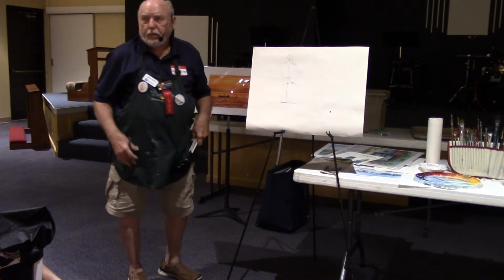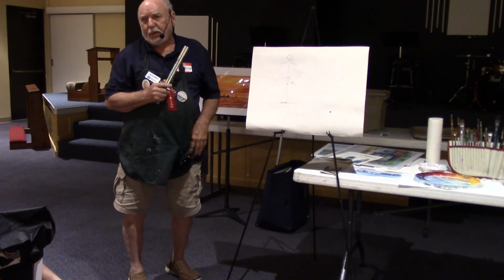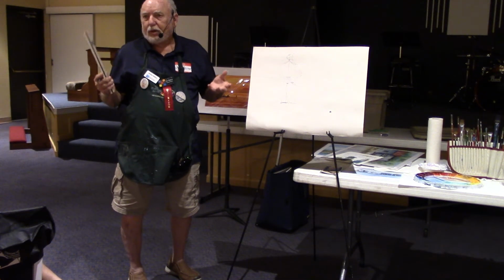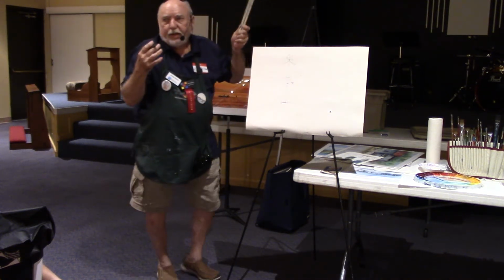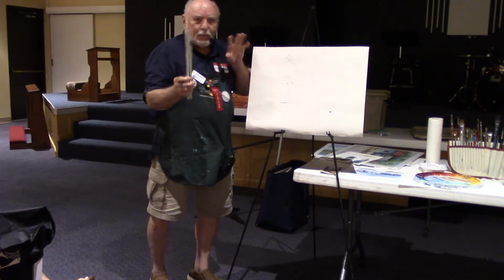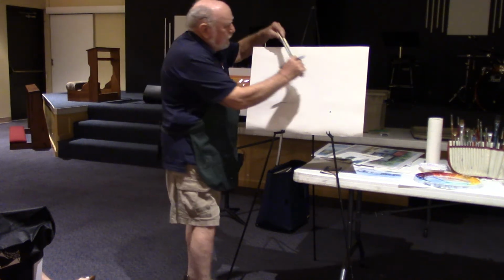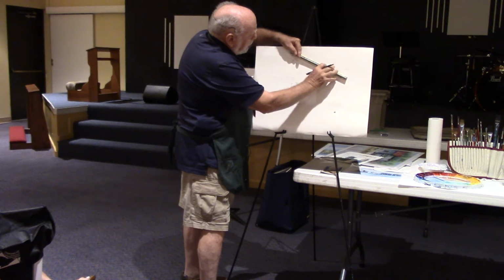Cool, right? We know we're pretty close on that because we measured it with a ruler, so it can't be that far off. Now I can make them fat or skinny or old or young or whatever, but I've got the proportions right.